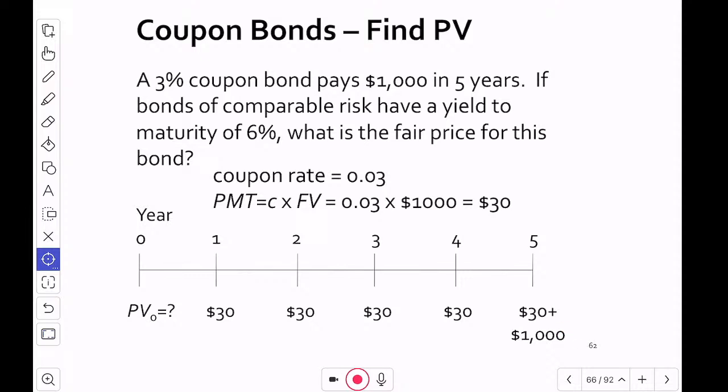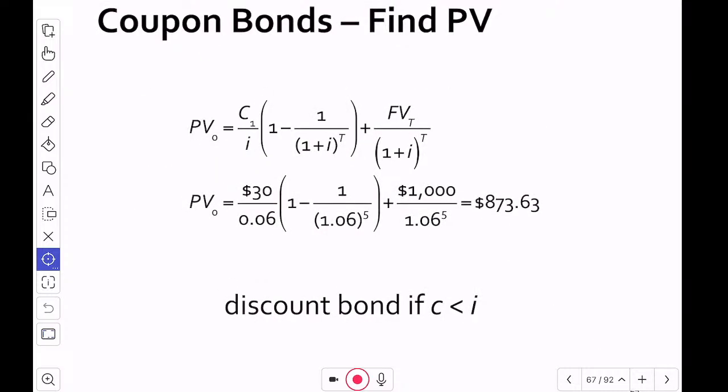No, you probably paid less because you didn't make $60 every period, which would have been the yield. And it turns out that you do. You pay $873.63. The formula is like this, remember? You have the annuity piece for the payments and the regular time value of money formula.